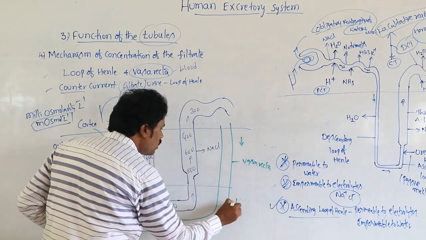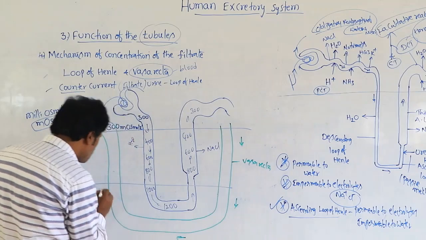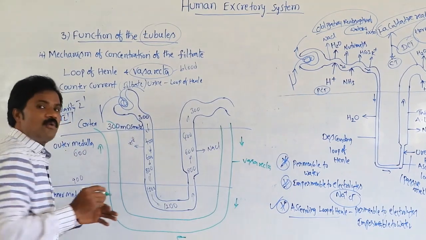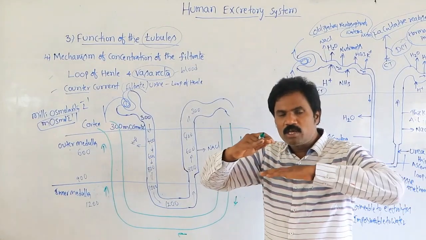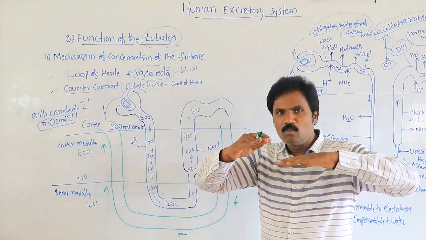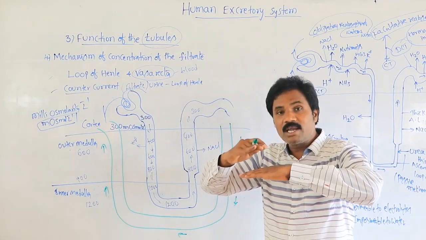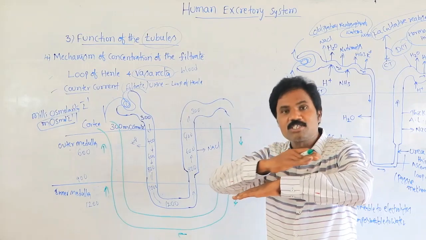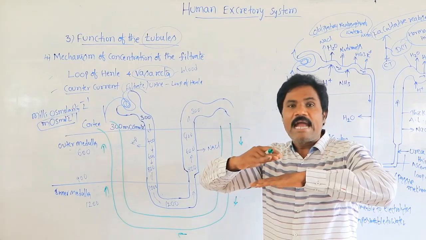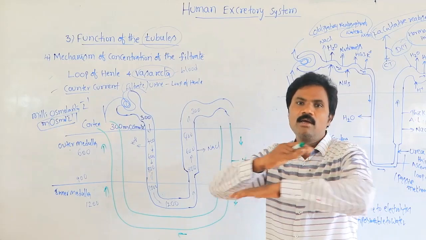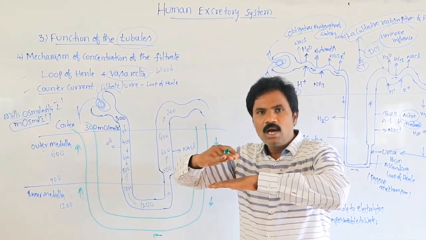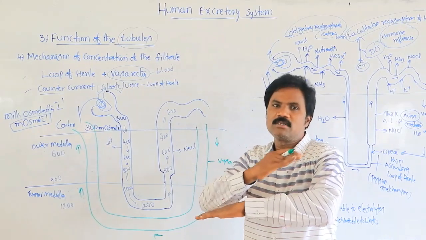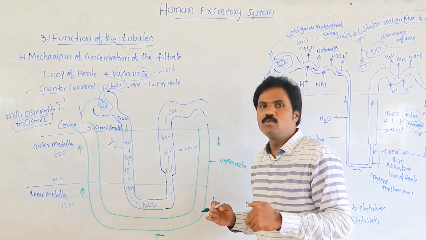It will be moving in the opposite direction. Just now I said, the substances move in the opposite direction. In the loop of Henle the filtrate moves in this direction, and in the vasa recta the blood flows in this direction. It is not moving parallelly, it is moving anti-parallelly. One moves in one direction, the other in the opposite direction.